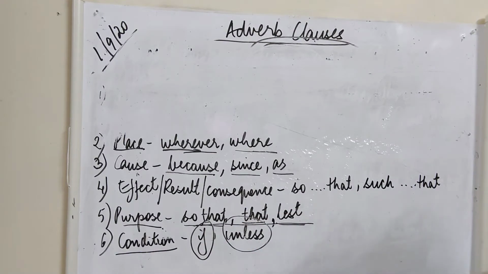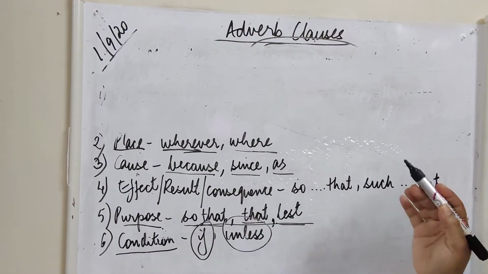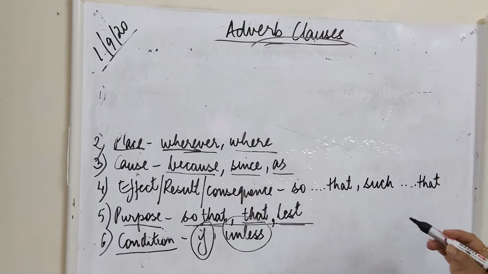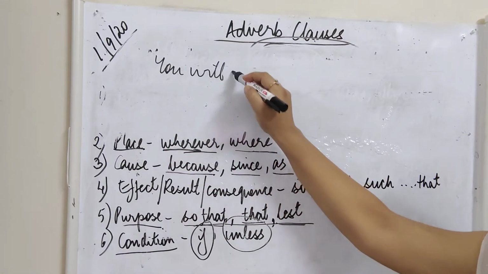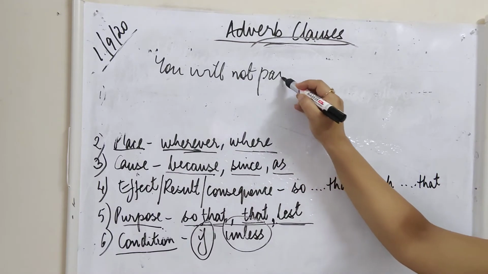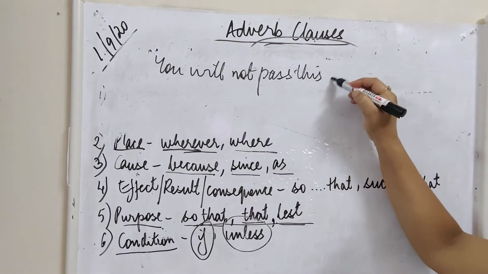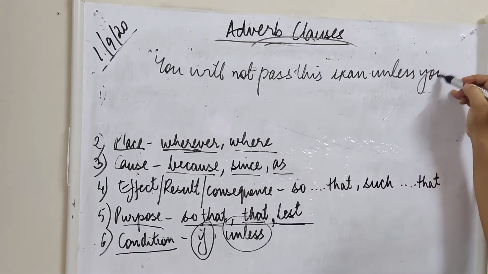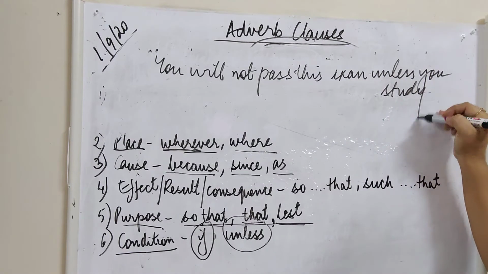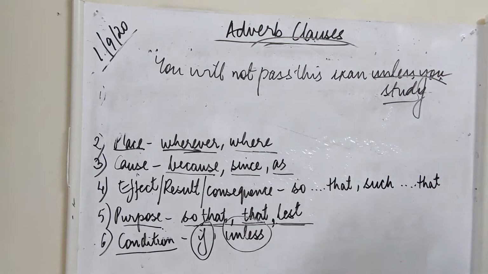For example, if these plants are not watered daily, they will die. Or you can say you will not pass this exam unless you study. So unless you study is again an adverb clause of condition.